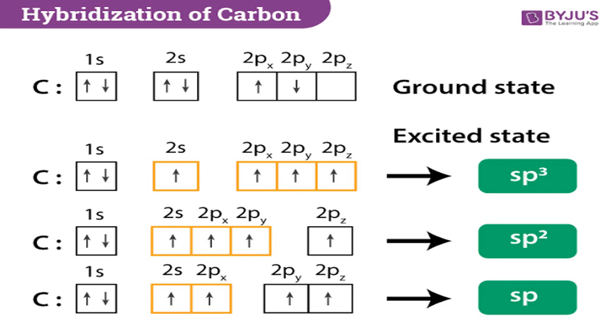Sigma bonds are formed from the head-on intersection of orbitals. They are usually far stronger than pi bonds. For example, an s orbital head-on with a p orbital gives you a sigma bond. A p orbital head-on with another p orbital. What I mean by p orbital is dumbbell shape now.